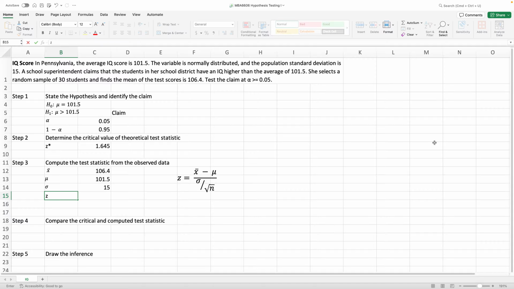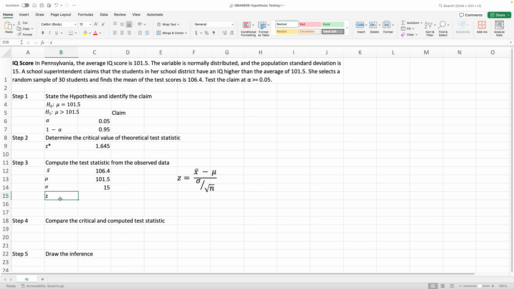So Z observed is equal to, open the bracket, x bar minus mu divided by, open the bracket, sigma divided by square root of n. Okay, I haven't recorded n anywhere, so I will refer to here.